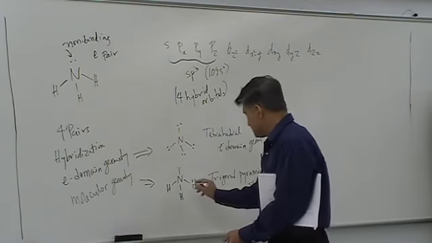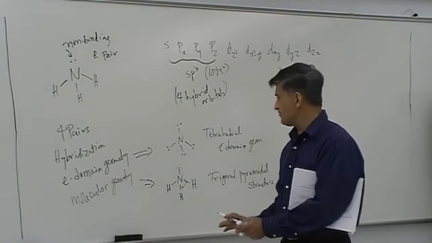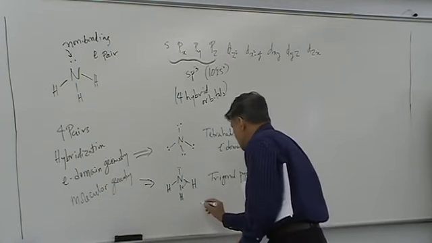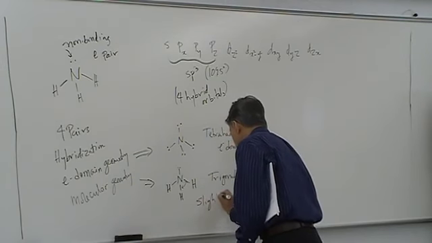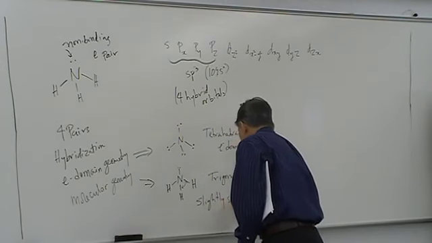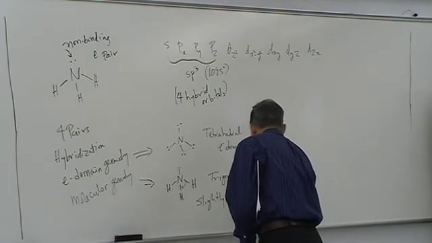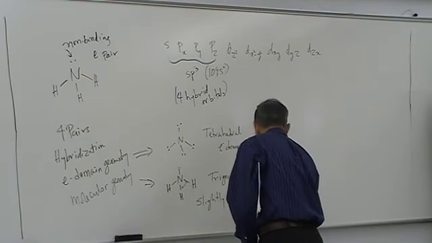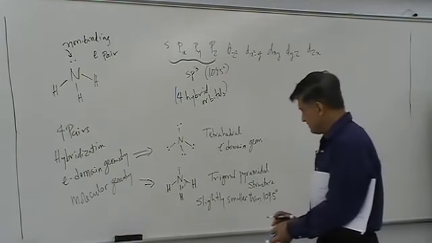What about the angle between these? They're close to 109.5, but slightly smaller than 109.5 degrees. Now why is it slightly less than 109.5 degrees?